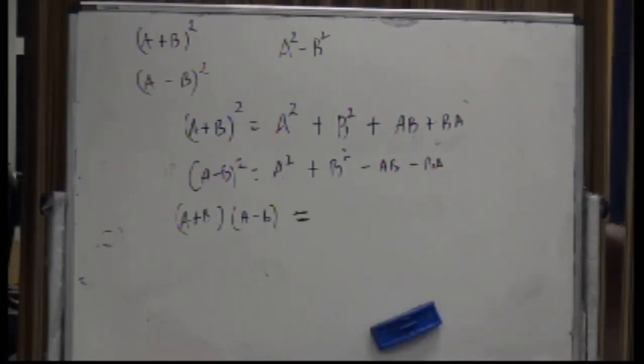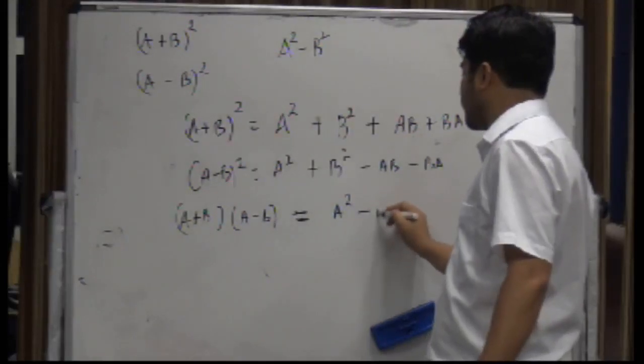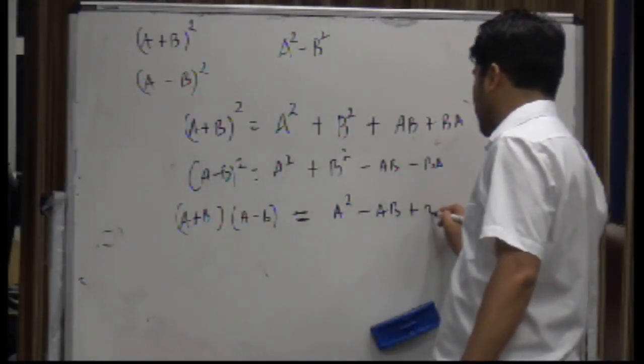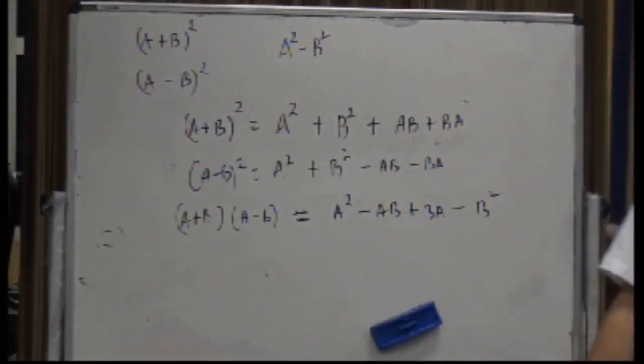A square minus B square if they are commutative, and if they are not commutative, what will be the answer? A square minus AB plus BA minus B square. And if they are commutative, they will cancel out each other, right?